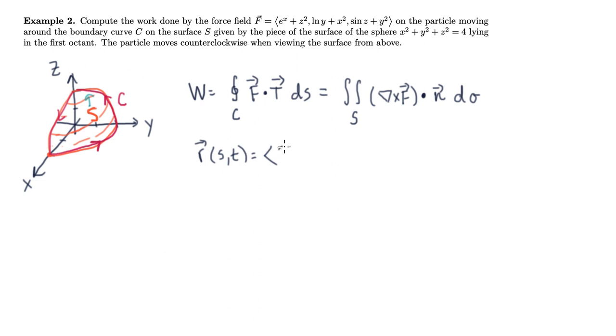So this should be 2 sine s cosine t, 2 sine s sine t, and then 2 cosine s, but the range for s and t, well, phi is just going from 0 to pi over 2, and theta is just going from 0 to pi over 2.